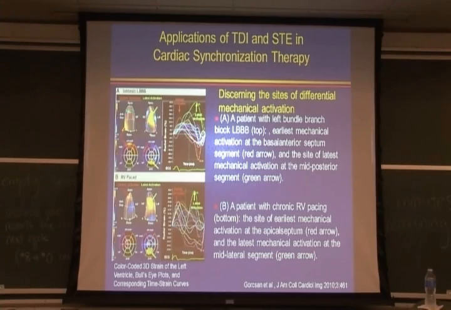This patient has a left bundle branch block, and the earliest mechanical activation is at the base, the basal anterior part of the septum, whereas the latest activation is more towards the apex. You can see the difference in this graphic presentation. The latest, at the apex, is shown in green, whereas the earliest is right at the beginning, at the base.